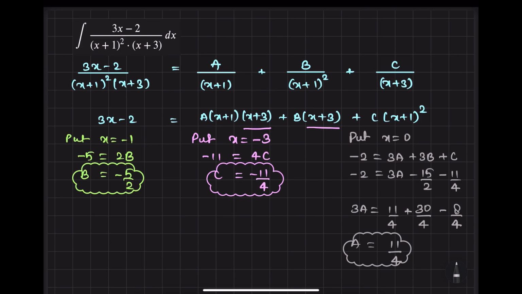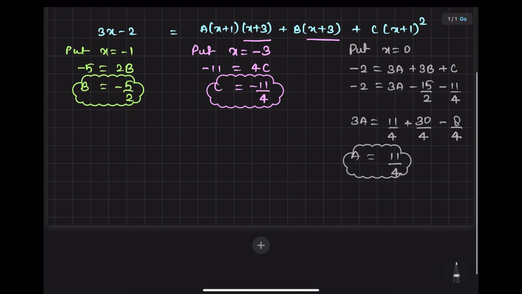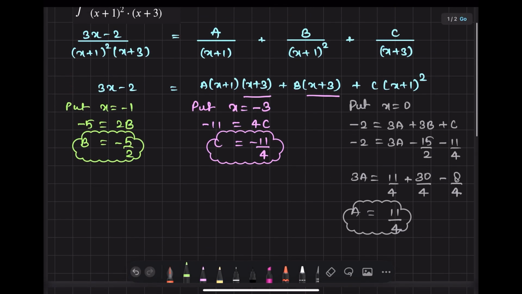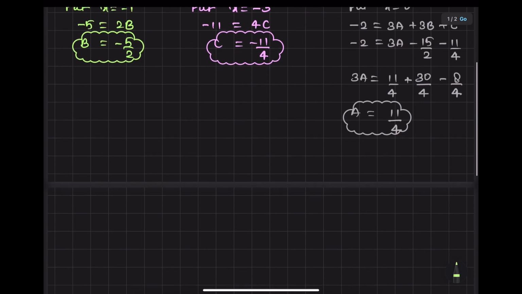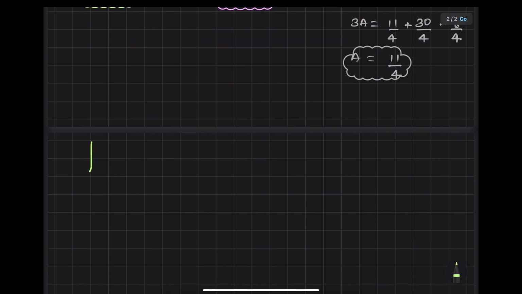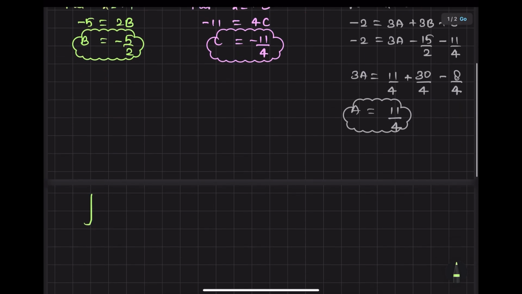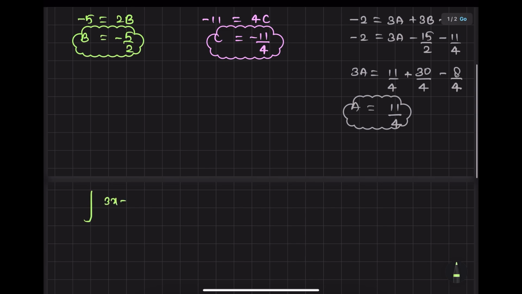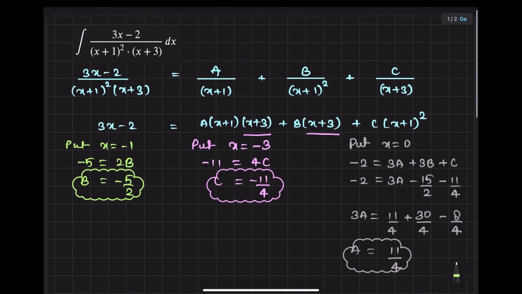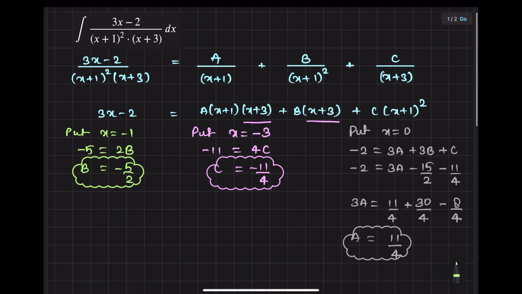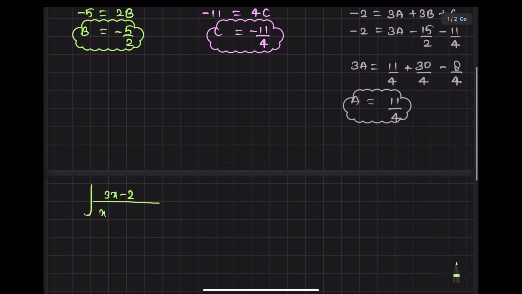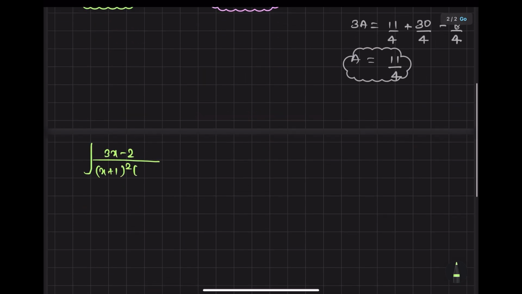I hope till this part you guys are okay. Now look at this, how we will simplify things. Now it's done. Almost done. We are just a little bit away. So the question was 3x minus 2 upon x plus 1 whole square, and we have x plus 3.